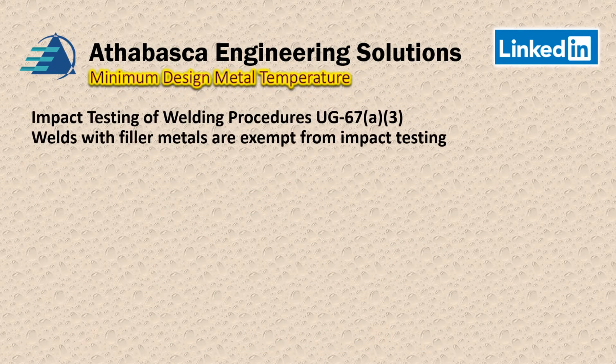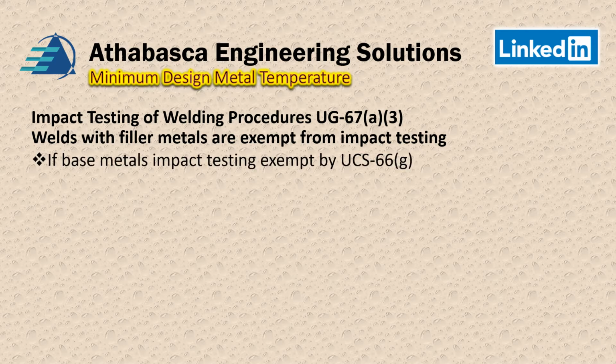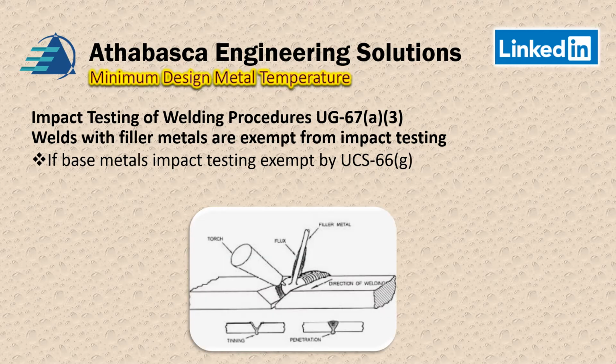Then you go to part 3 of UG 67A, and this is sort of a corollary of that. It says weld filler metals are now exempt, not required, but exempt from impact testing by the following conditions. If the base metals and impact testing is exempt by UG 66G, so they're really trying to make sure that all their bases are covered. There's a little bit of overlap.